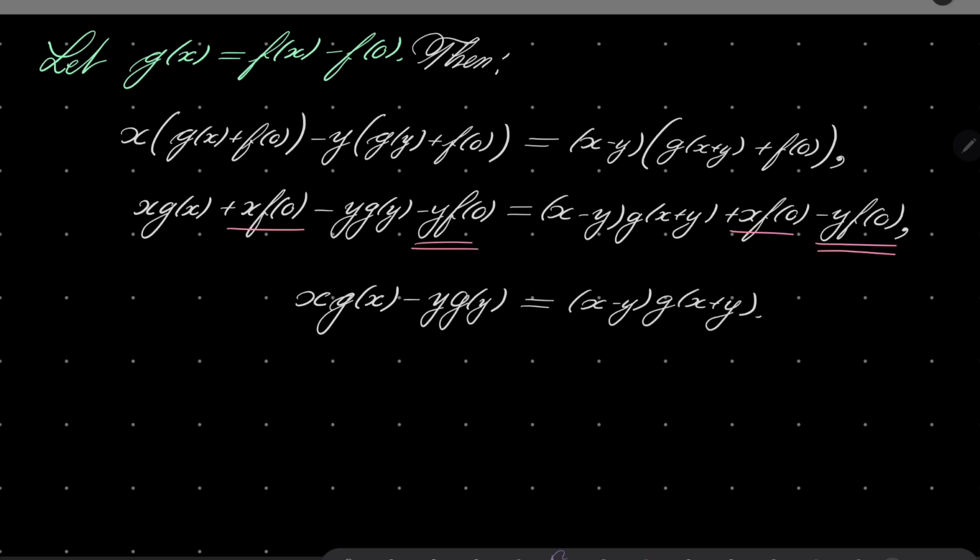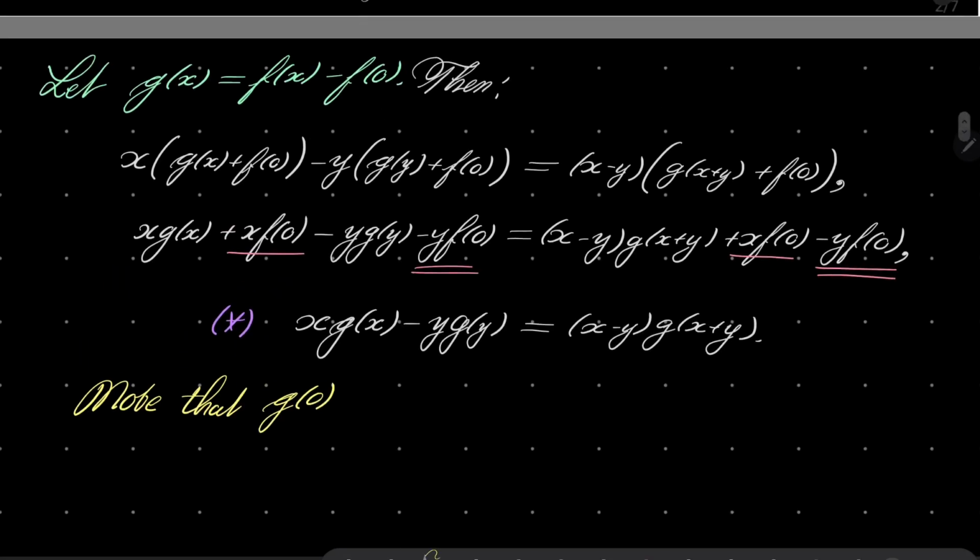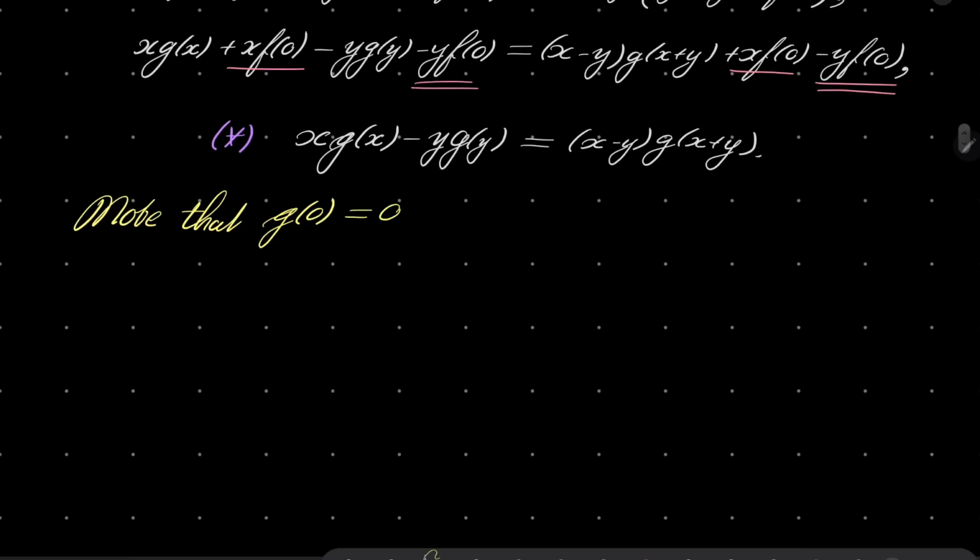Let's call this equation asterisk. Note that g of 0 is f of 0 minus f of 0, so it's just 0.